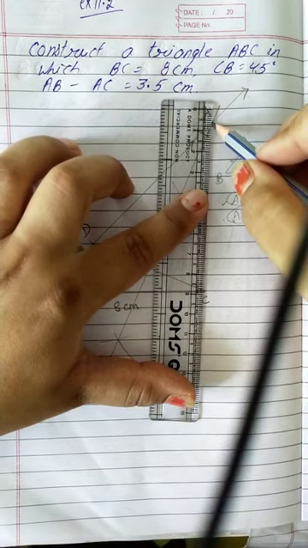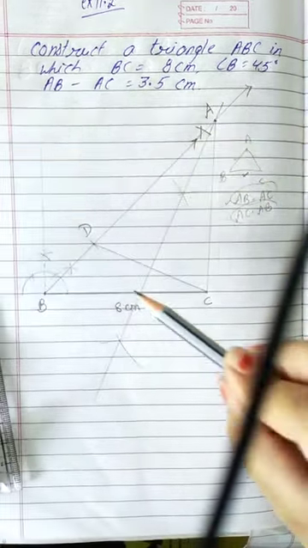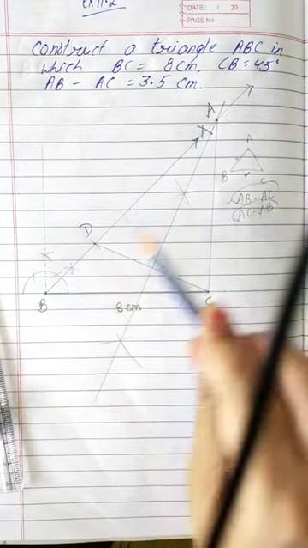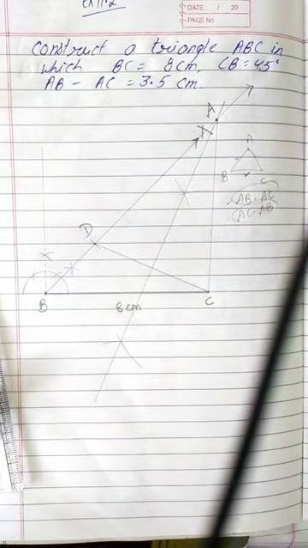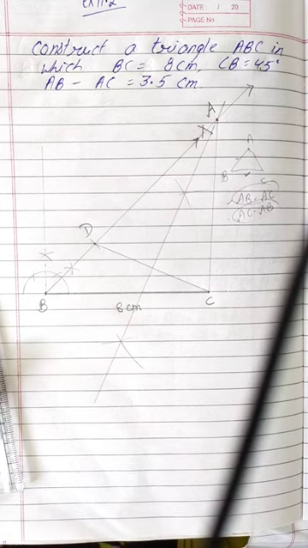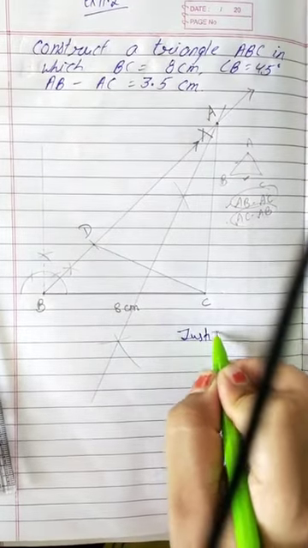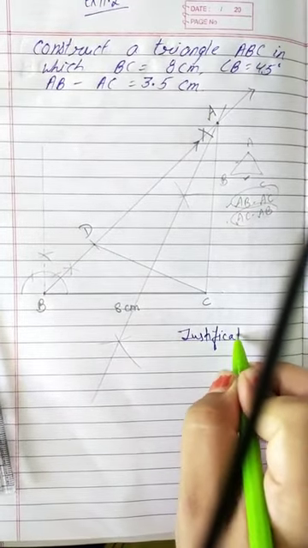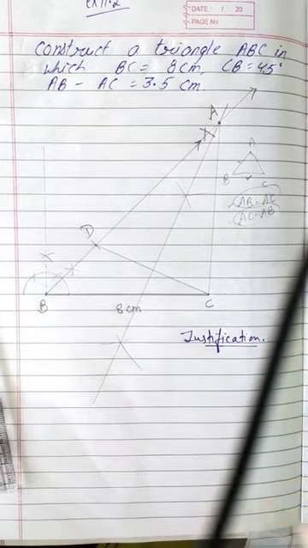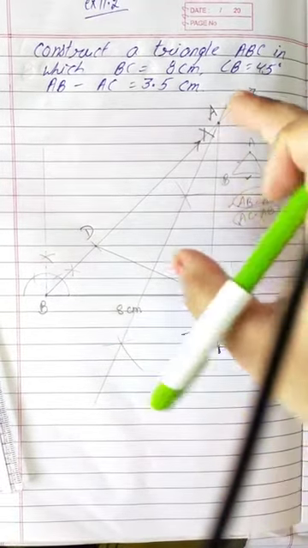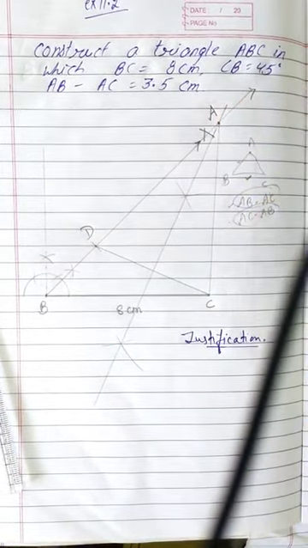Understood? So you will shade or just simply write that ABC is the required triangle. Now we have to justify it. It's very simple. See, AD and AC, both are equal.